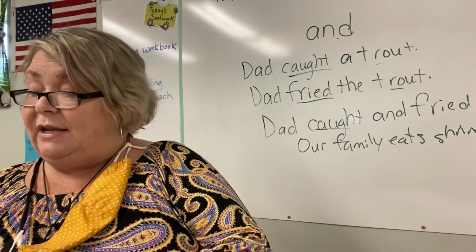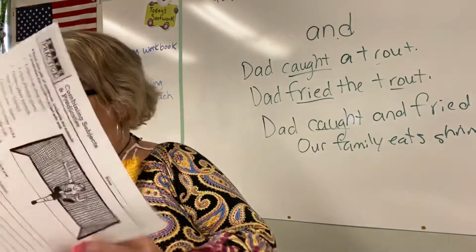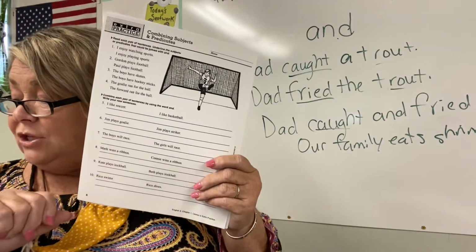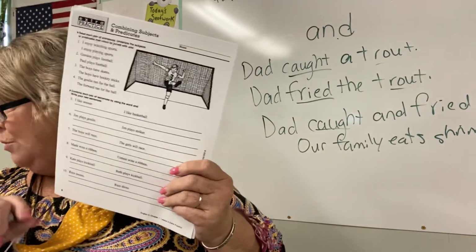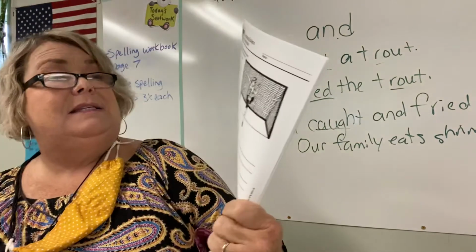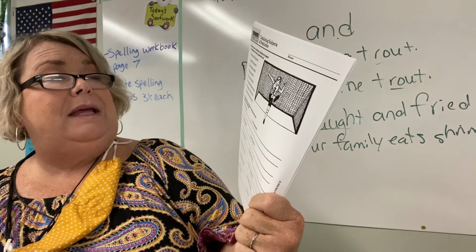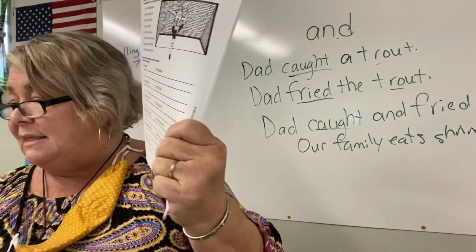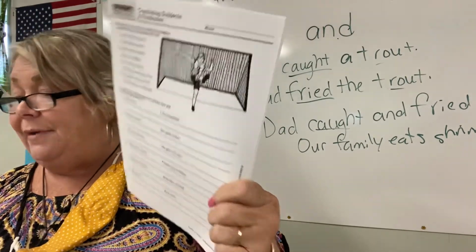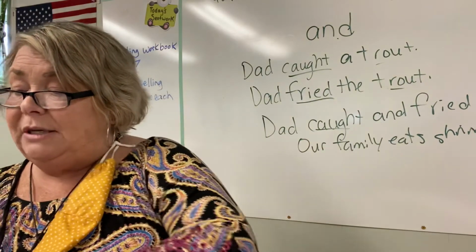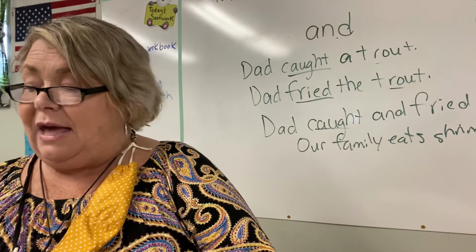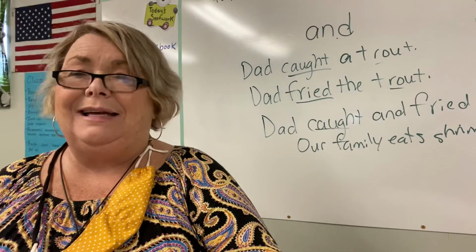And once we finish page 12, everyone will get one of these, page 6 from your extra practice, and we'll write our name on that. And it's the same thing. It's underlining the parts that are the same and combining them to make one sentence out of 2. All right? So that's what we're going to be doing today. Let everybody get finished with that and then flip over to the back and get that done.